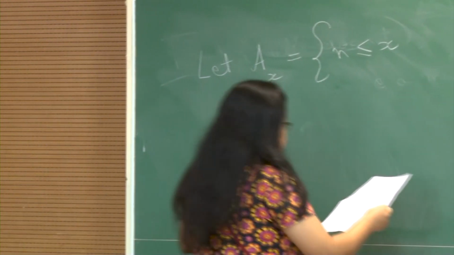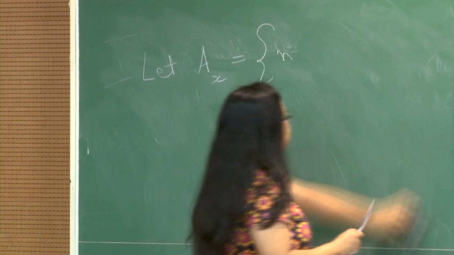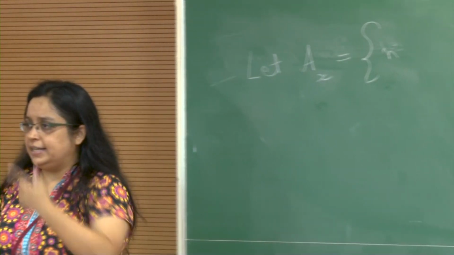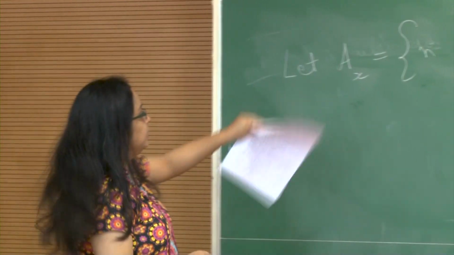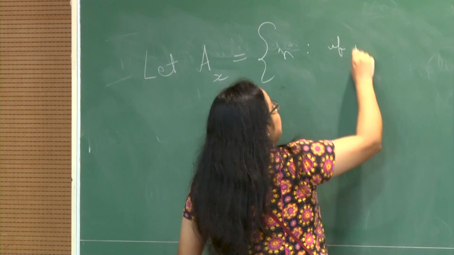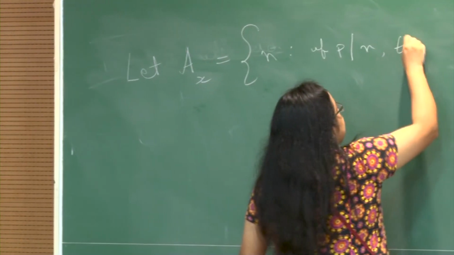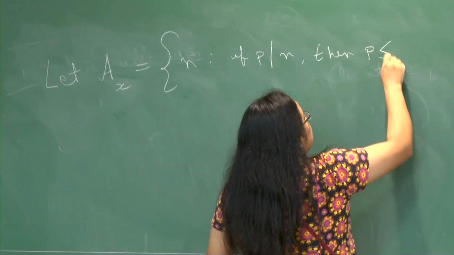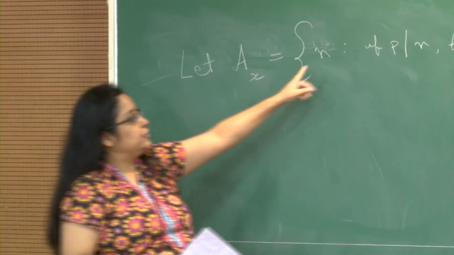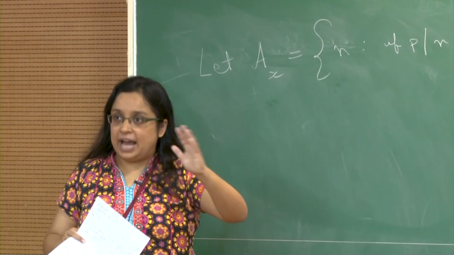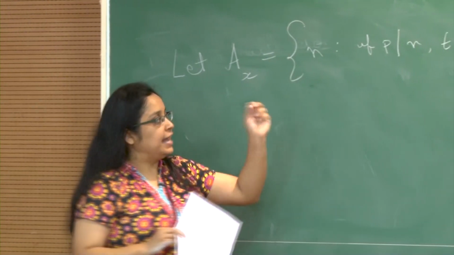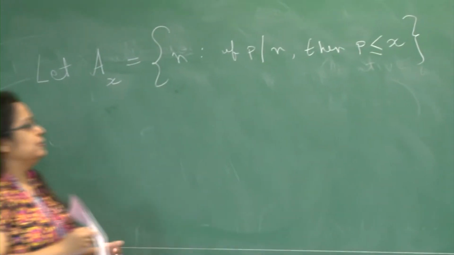So, not just n less than or equal to x, what we need is all those n's. Jishu, this is the equivalent of this L infinity term you were studying in the paper of Jung and Sardari. So, all those n's such that if p divides n, then p is less than or equal to x. This is a much bigger set than all those natural numbers which are bounded above by x. It could have numbers which are bigger than x as well, but each prime factor of that n has to be less than or equal to x, and it also includes 1.